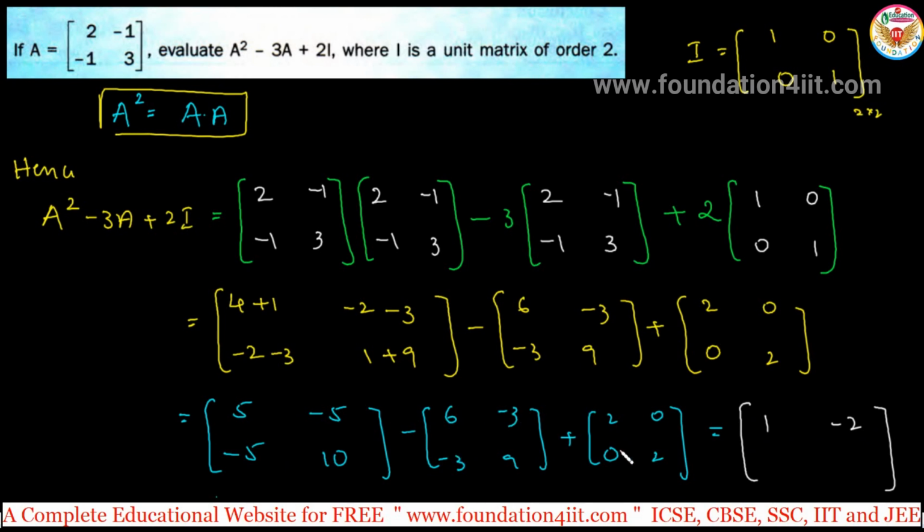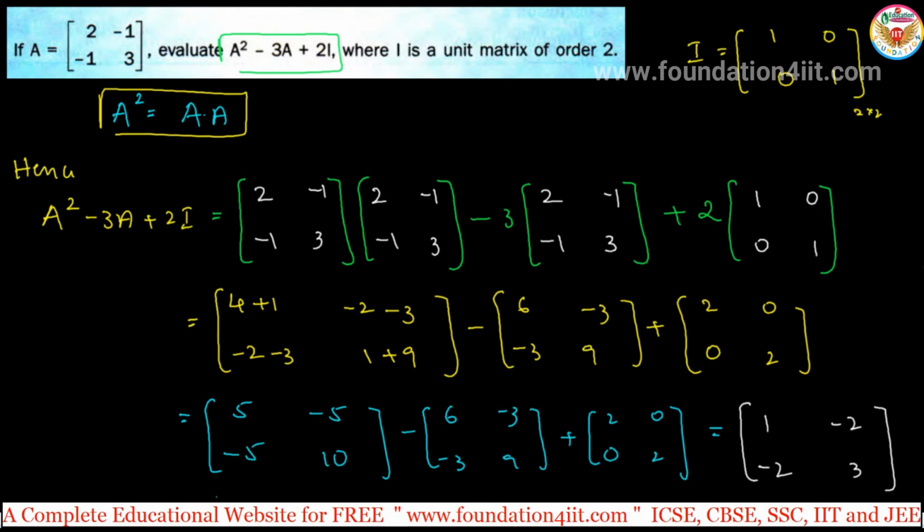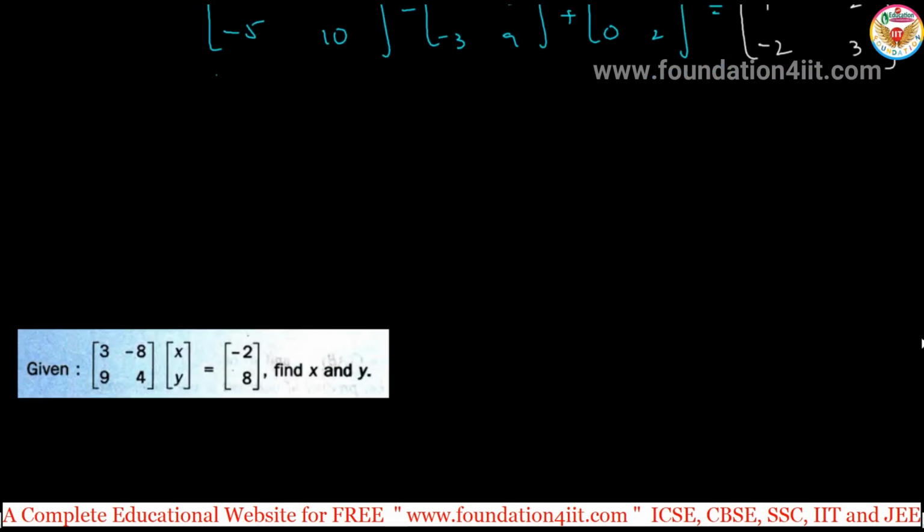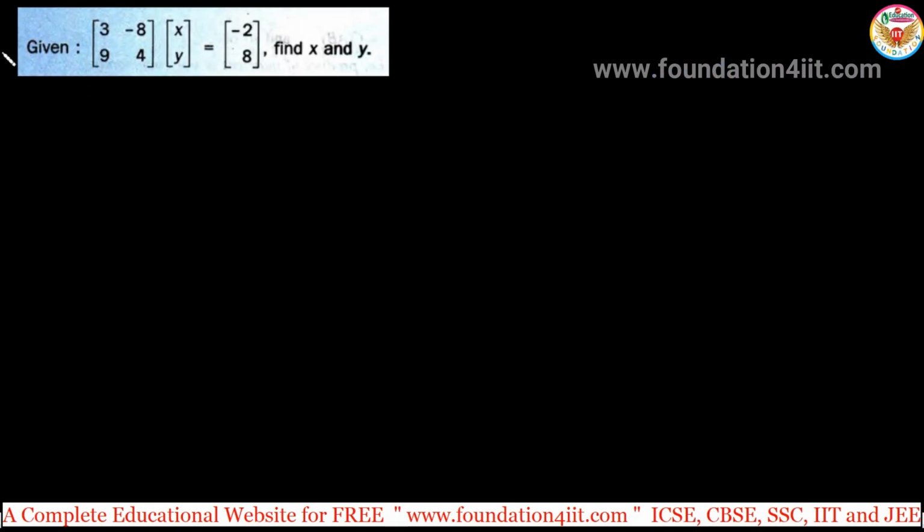Again minus 5 plus 3, minus 2. Then 10 minus 9, 1, plus 2, so 3. So this is A square minus 3A plus 2I. If a question asks this, you can expand and subtract separately, or do it together in a single step. We'll see one more type of sum to get a clearer idea.